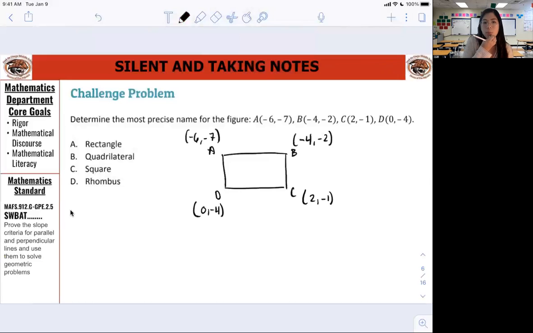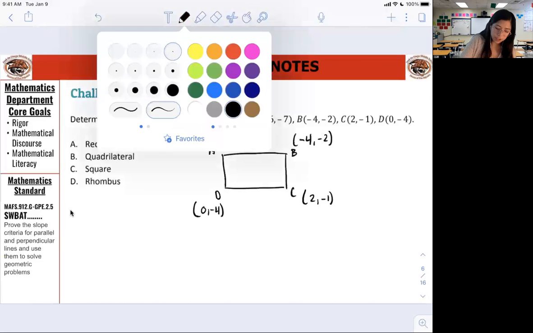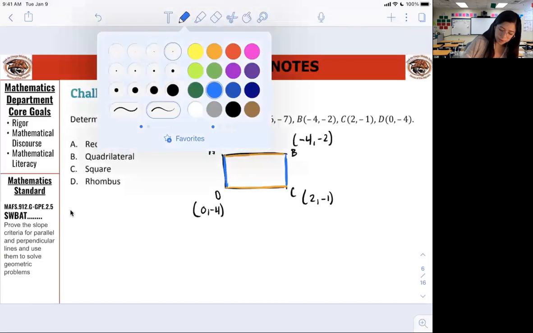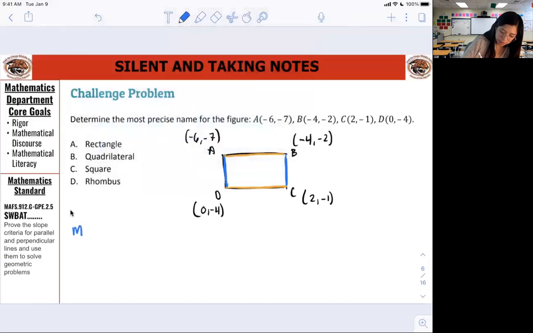Okay, let me actually color code it again, just to be as diligent as possible here. Okay, slope for AD, what do we get? Five over 2.